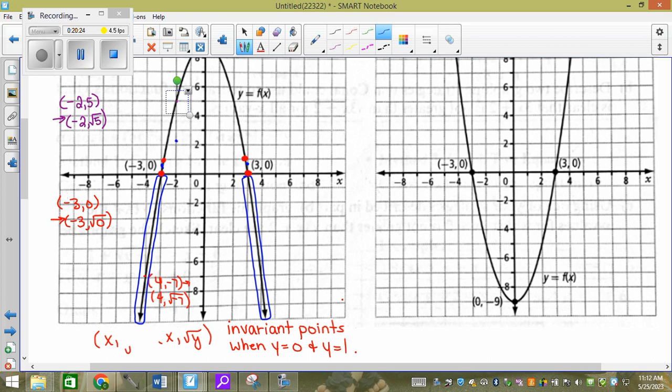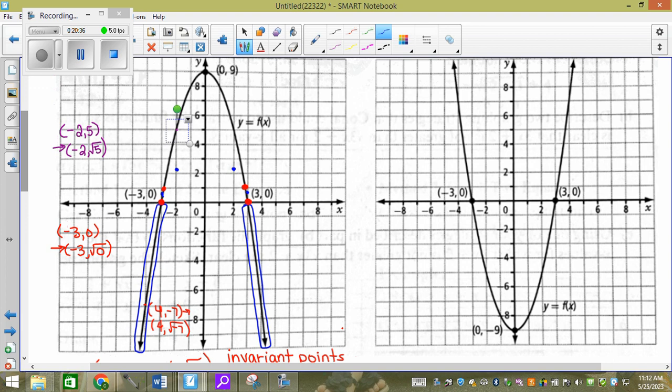This one's going to become the same, because it's 2 and root 5. That's going to be my new point there. This one's at negative 1 and 8.